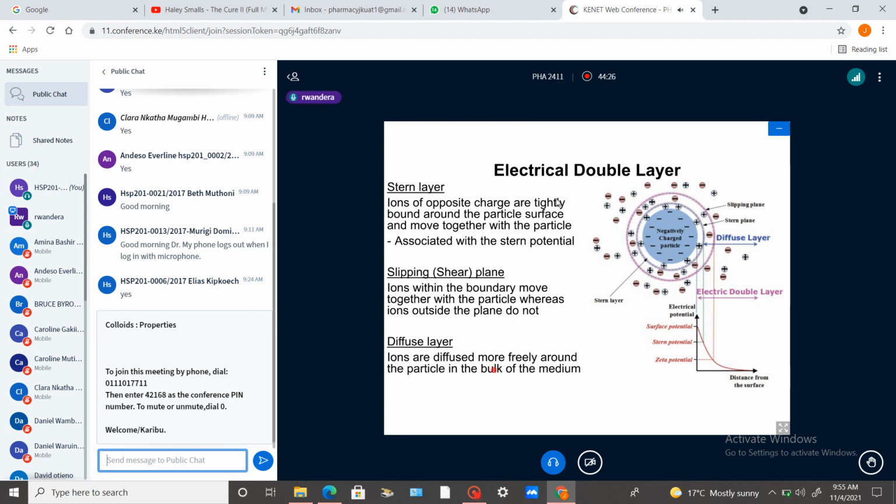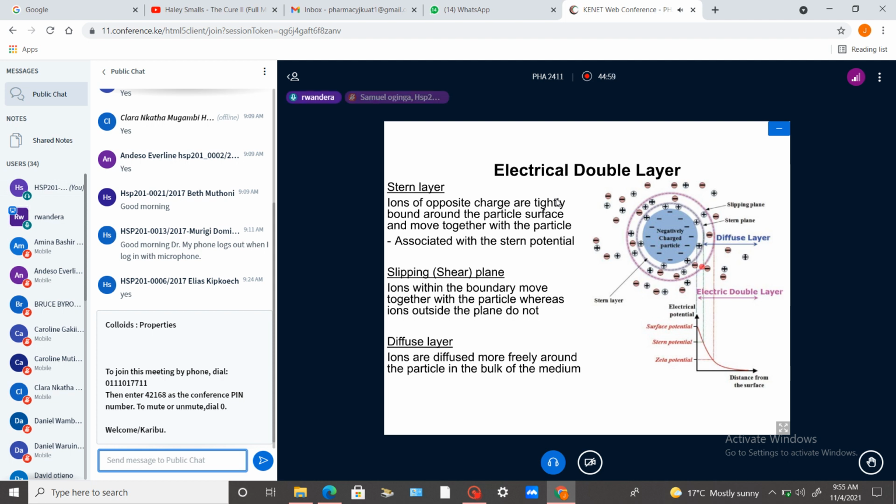Now, the potential at the particle surface will be the surface potential, followed by the potential at the Stern layer, which will form the Stern potential. Now, the potential at the diffuse layer, at the slipping plane, is what we call the zeta potential. And we'll see how this zeta potential is responsible for the electrical properties of colloidal dispersions.